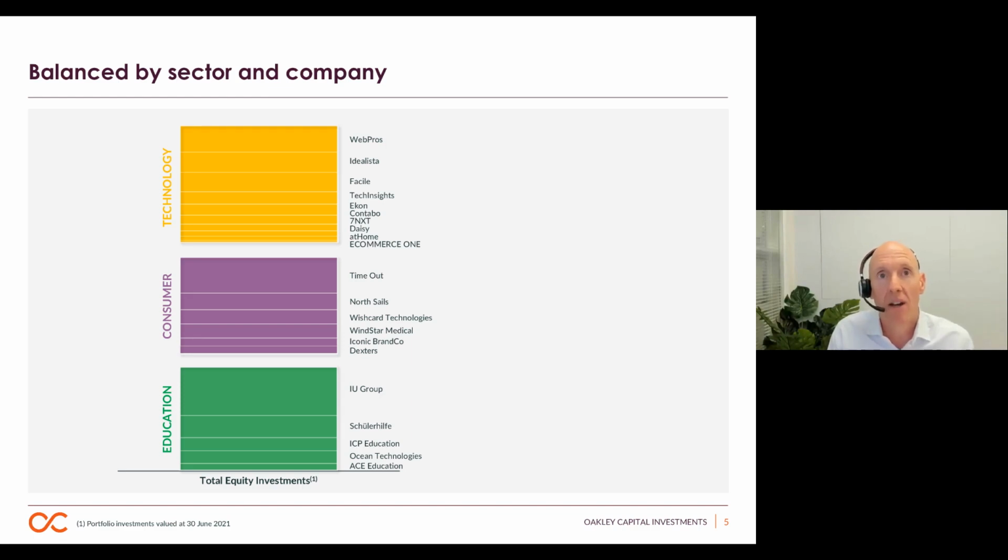And if I pick on just some of the larger holdings, just to give you a sense of the kind of businesses that we own, you've got WebPros right at the top there. That's the leading global provider of web hosting software. And it won't surprise you to learn that it's continued to benefit from the growing need and importance for individuals and small businesses to have a web presence and a growing hosting requirement. And they're a direct beneficiary of that increasing trend.